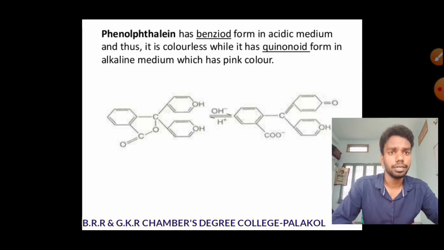See here, OH and OH. It dissociates into O minus and H plus. By rearranging, the negative charge of oxygen shifts into the carbon and oxygen, and they form a double bond. After rearrangement, it is converted into the tautomeric form, that is the quinoide form, right?